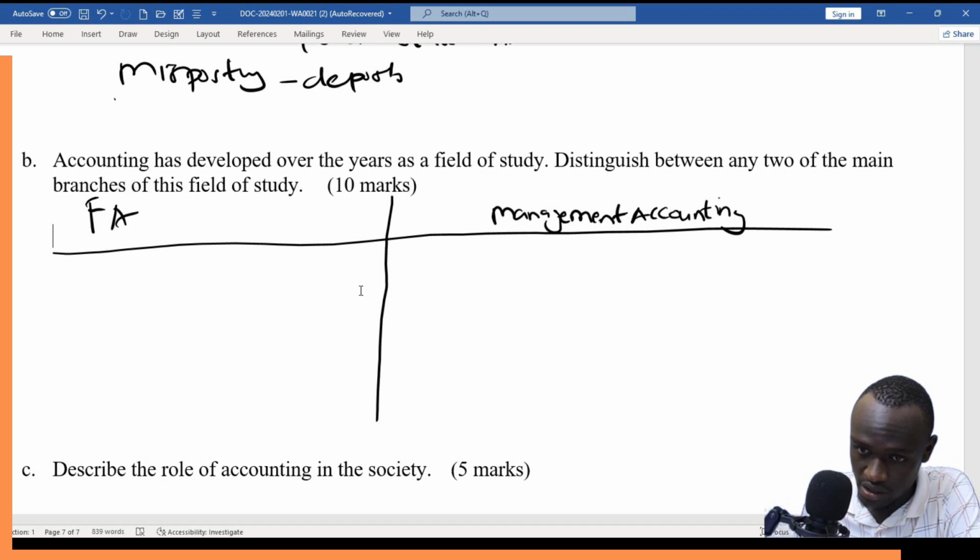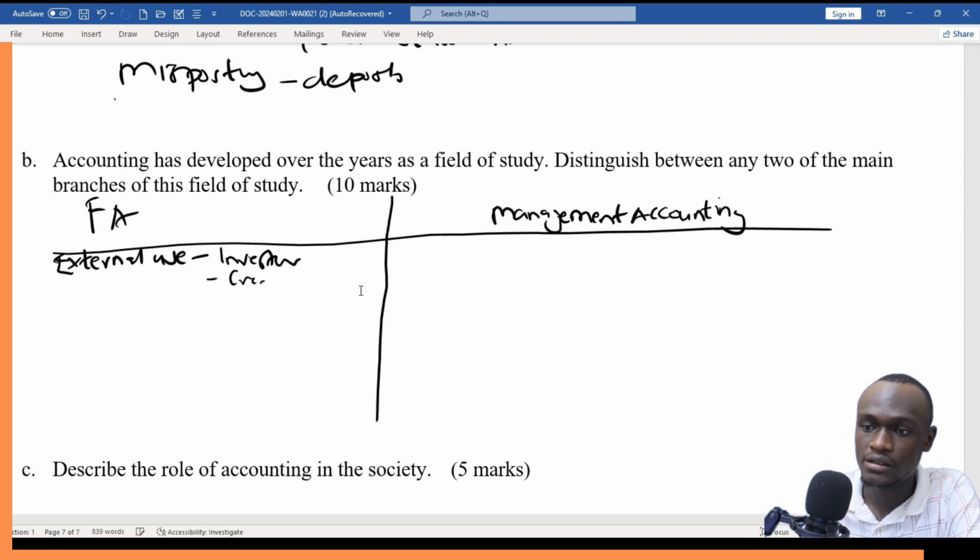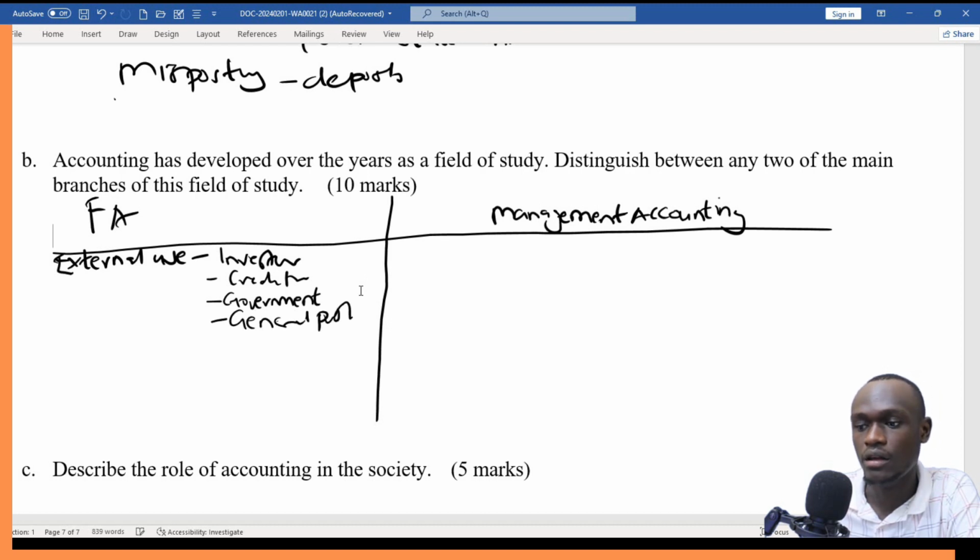Financial accounting is meant for external use. What are the external users? These are investors. They have creditors, the government or government agencies like the revenue collection agencies, the Kenya Revenue Authority, and also the general public.